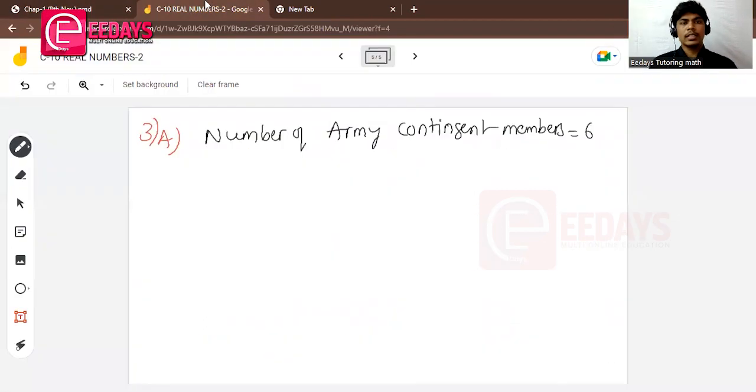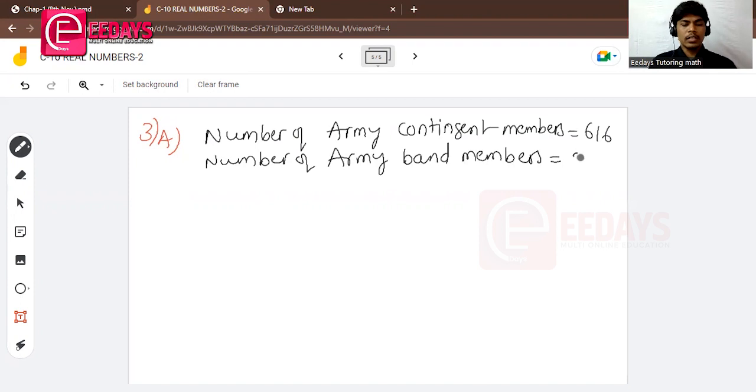The army band is different and the army contingent is different. Number of army band members, they gave 32.